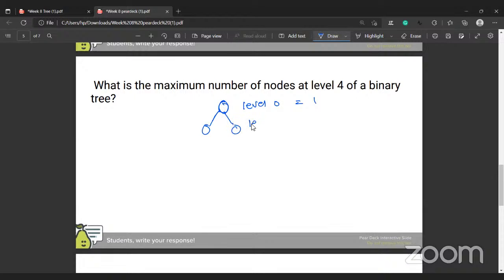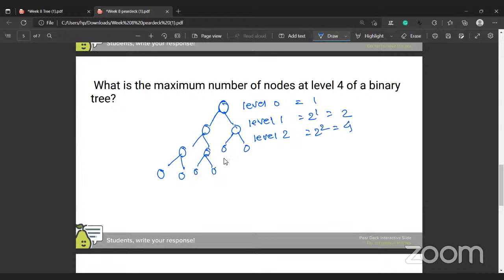maximum possible 2 to the power 1 equal to 2. At level 2, maximum possible 2 to the power 2 equal to 4. At level 3, maximum possible 2 to the power 3 equal to 8.